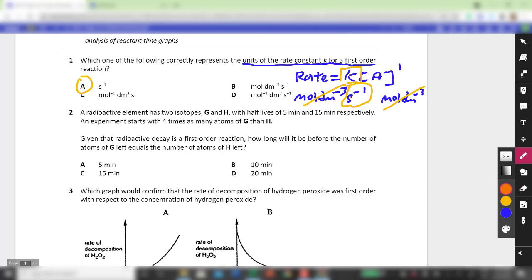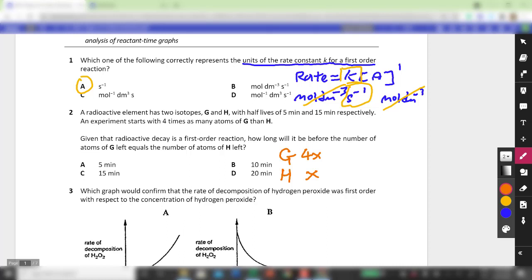So I'm going to write down G here and then H. You were told that the number of atoms of G is 4 times that of H. So if we let H be x, G will be 4x. Let us see whether, after we go through several half-lives, the number of atoms can match.